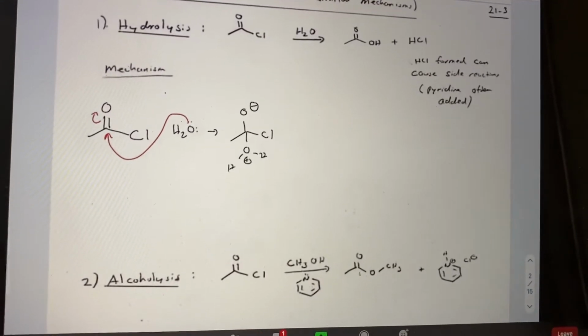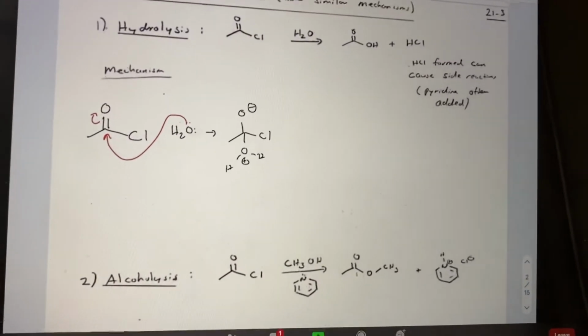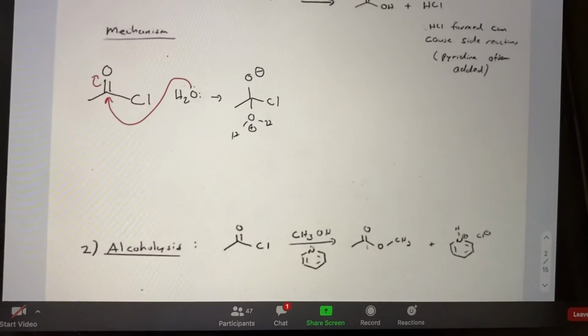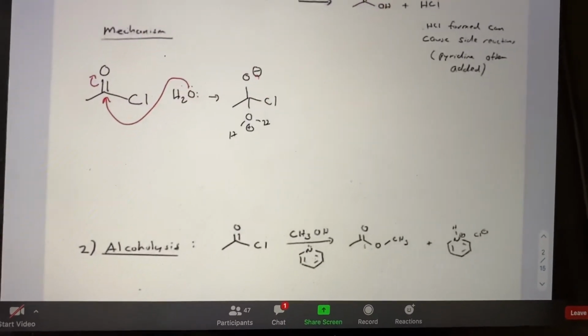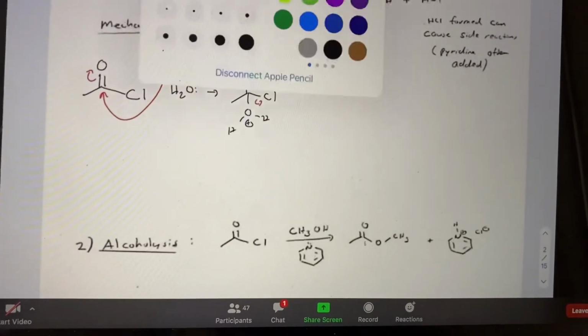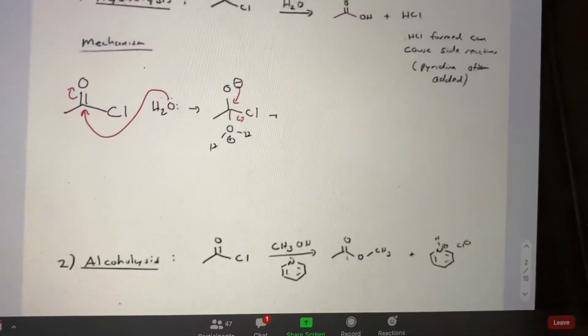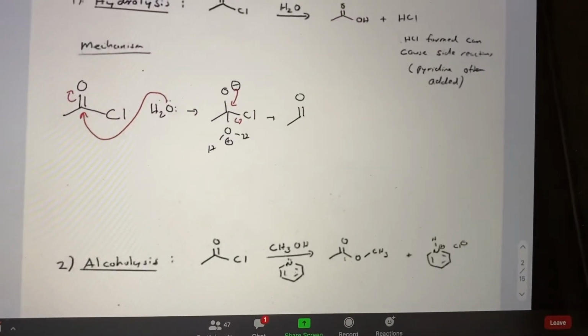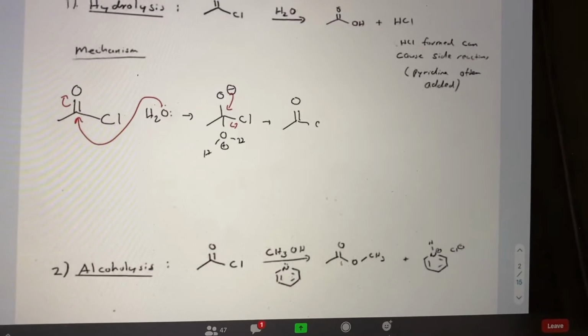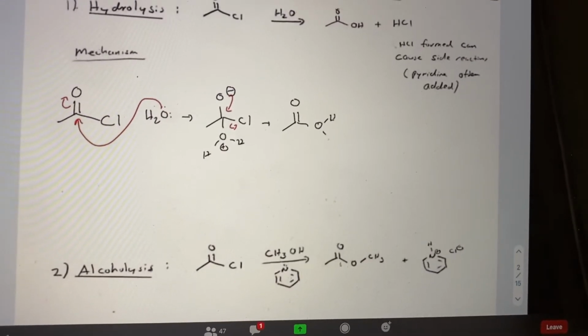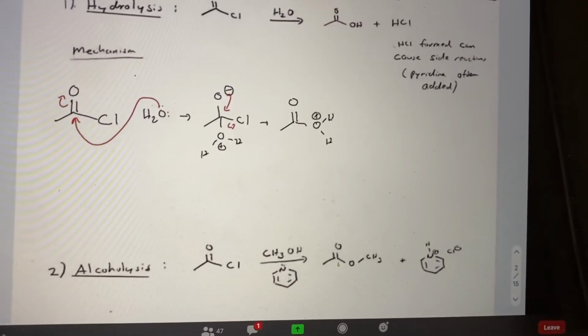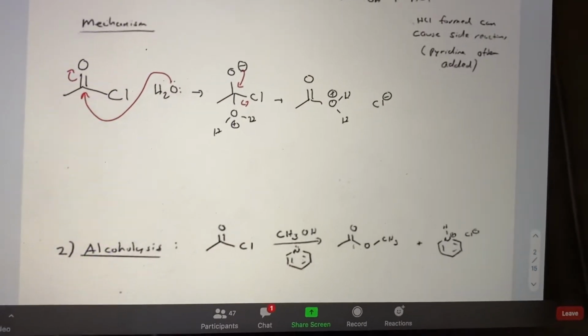So we're going to end up having an intermediate like this. And let's go ahead and just kick out the chloride here. We're reforming our carbonyl group. And we're going to end up with this, and we form HCl.